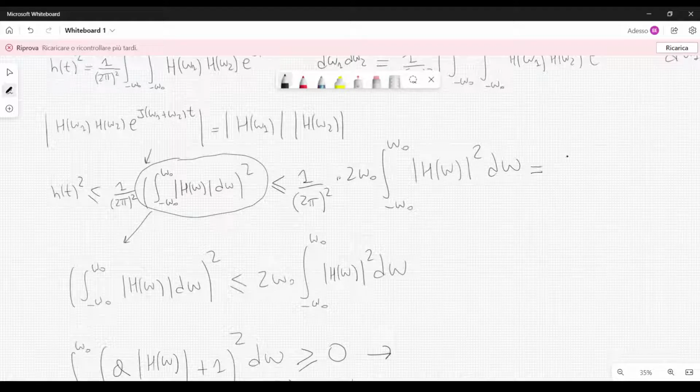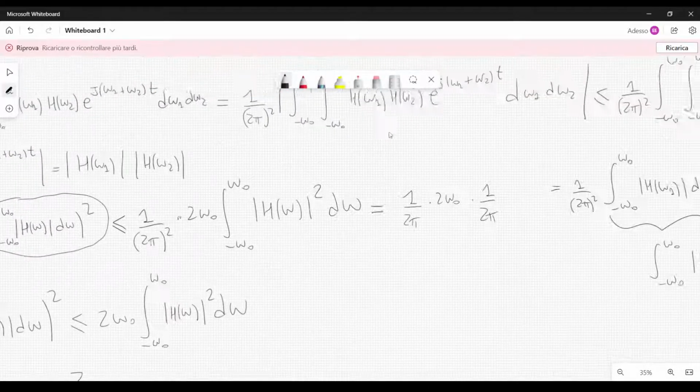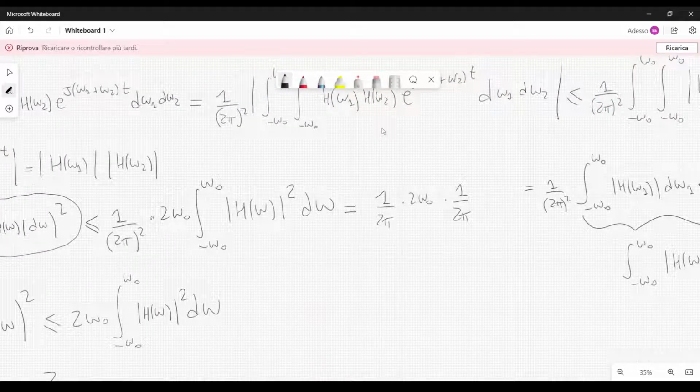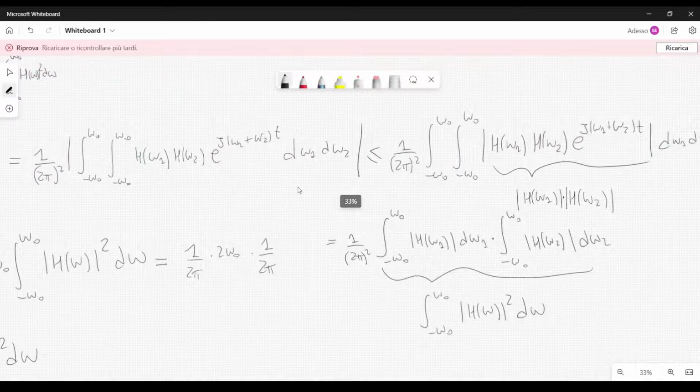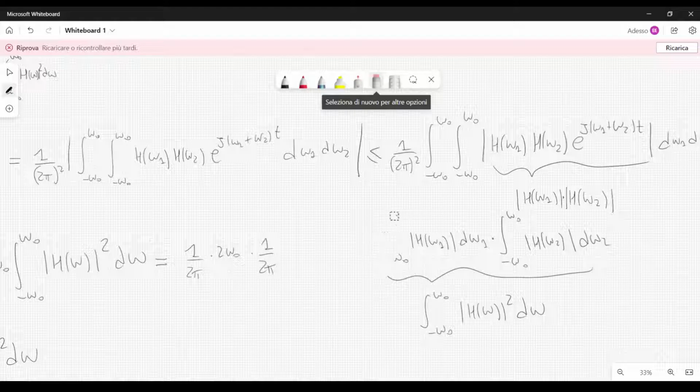Now let's rewrite this as 1 over 2 pi times 2 omega naught times 1 over 2 pi, and then I have the same integral. I have to cancel this thing here because I don't need it and I don't have much space. So let me cancel this.